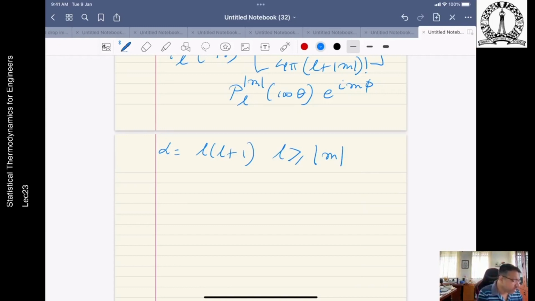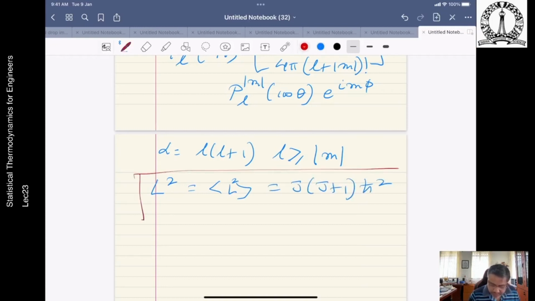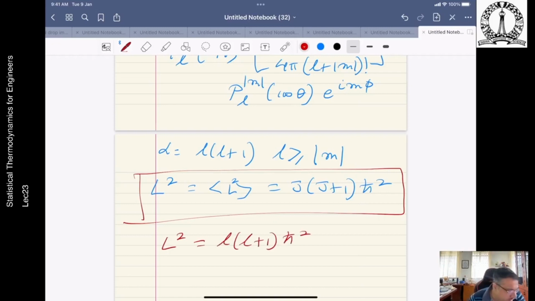I will again recopy the equation. If you recall, L hat squared was given as J into J plus 1 into h bar squared. Recall this was from the diatomic counterpart. So invoking a similar type of equation here, now it will be L squared equals l into l plus 1 into h bar squared. So it is very similar.